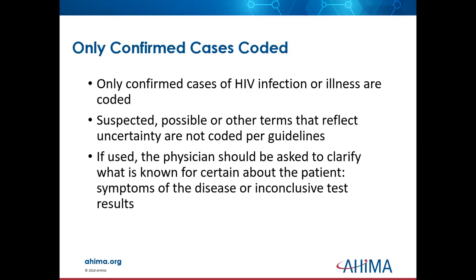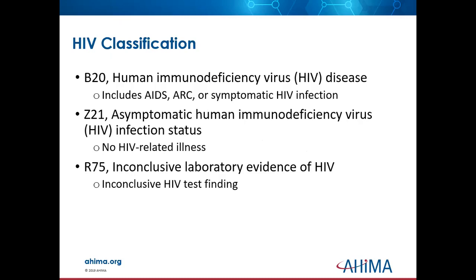Terms like suspected, possible, or any uncertain terms are not coded per the guidelines for this chapter. If these terms are used, the physician needs to be queried to clarify whether they do have the disease or not. In other words, do they have symptoms of the disease? Is it inconclusive? What have you? And again, that relates back to the previous slide here.